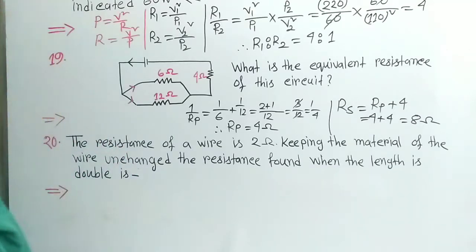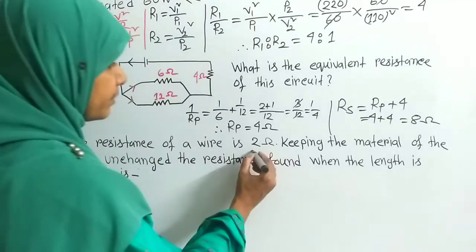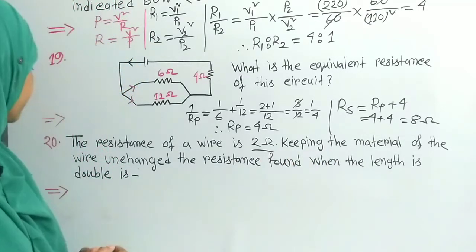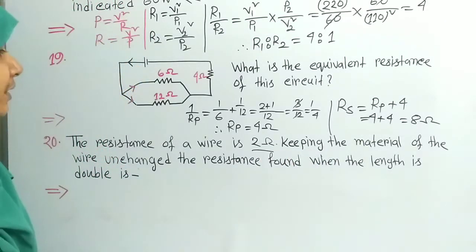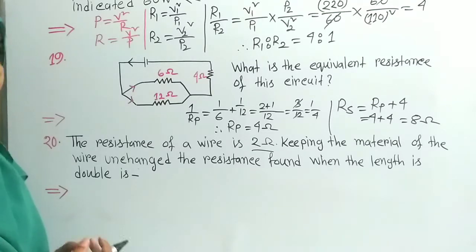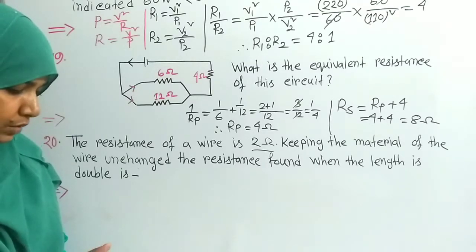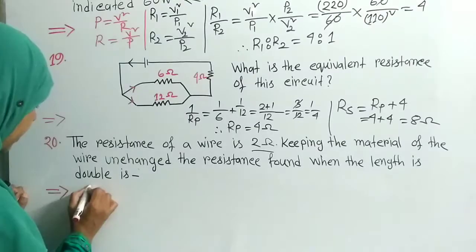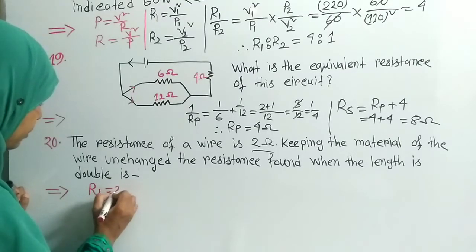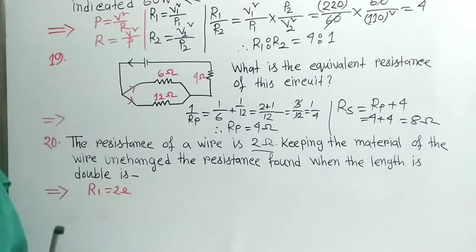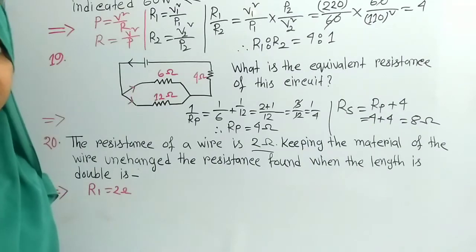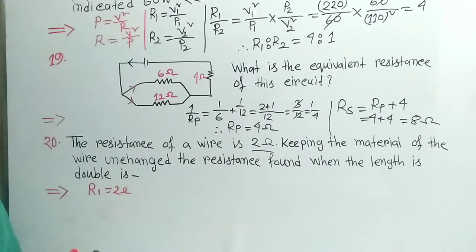Question 20. The resistance of a wire is 2 ohm. Keeping the material of the wire unchanged, find the resistance when the length is doubled. So here the given information is R1 is 2 ohm, and they say that if we keep the material unchanged, then the length becomes double.